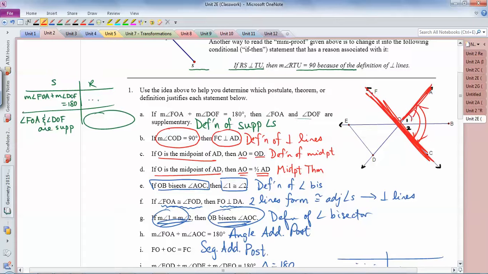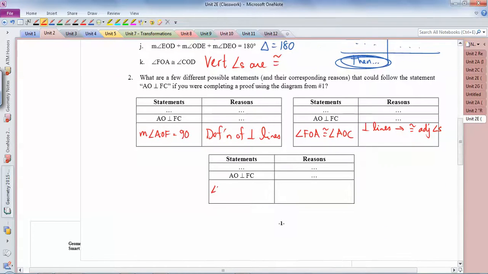So angle 1 and angle 2 are going to be complementary. And the reason was the same thing that was phrased on the reasons list. If the exterior sides of 2 adjacent angles are perpendicular, then you get complementary angles. Okay, and that's it. I hope that helps a little bit.